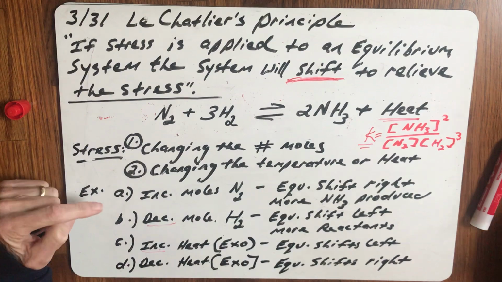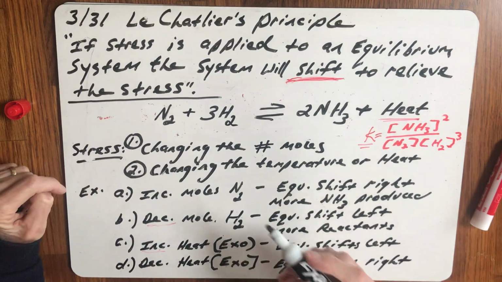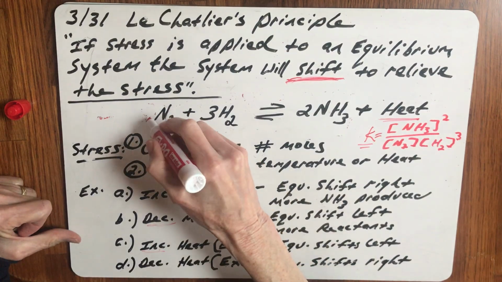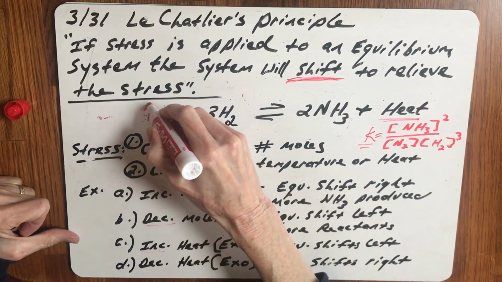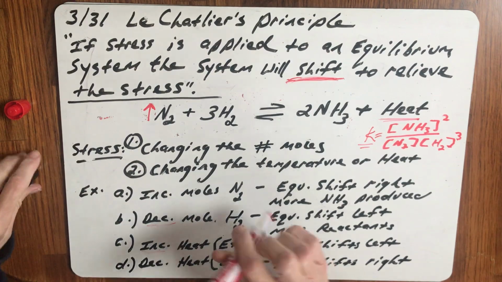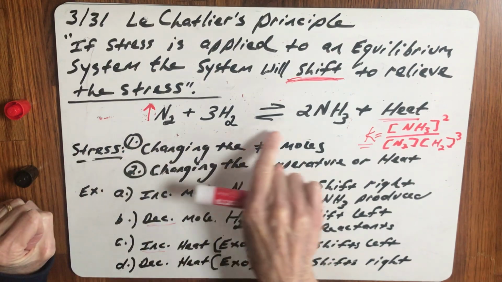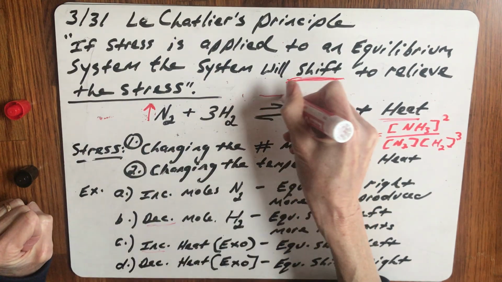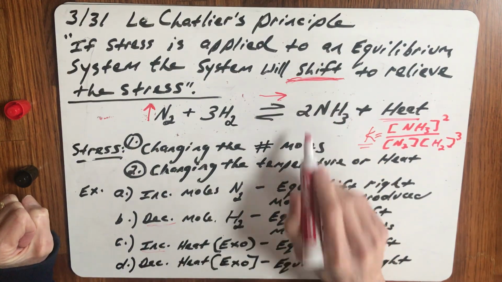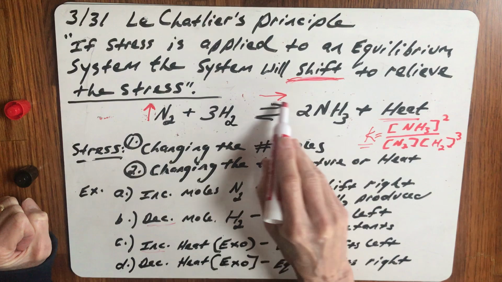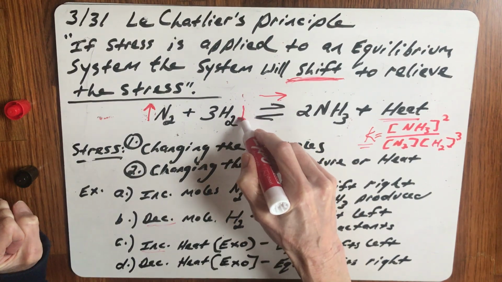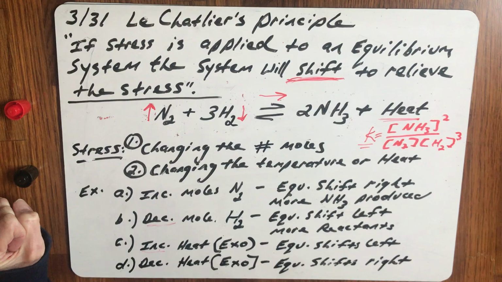So if I were to change the number of moles by, let's say, increasing the moles of N2, so if I add more moles of N2, the result of that is going to be that the equilibrium will shift toward the products, shift to the right, meaning that it will produce more of the product, and in turn it would end up decreasing the amount of the other reactant.